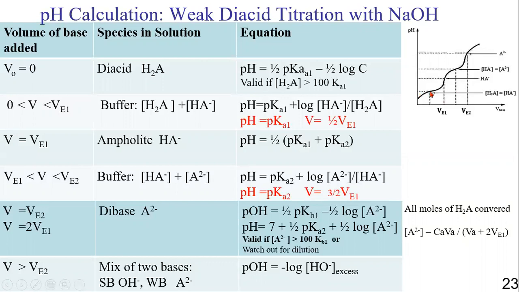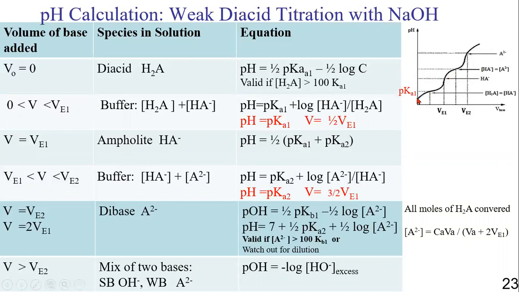Great. What is the pH then? Of course, the pH is pKa1. So automatically, right away, without doing any calculation, if I see a diprotic at half equivalence, the pH equals pKa1, so you have this value point without doing any calculation whatsoever.